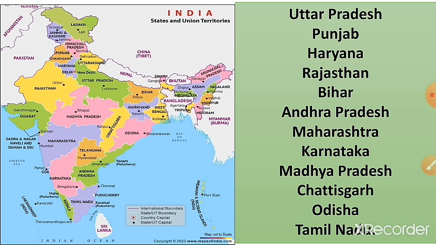In south and central India, Andhra Pradesh, Maharashtra, Karnataka, Madhya Pradesh, Chhattisgarh, Odisha, and Tamil Nadu are the important states where canal irrigation is found.